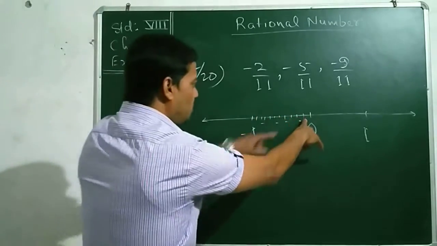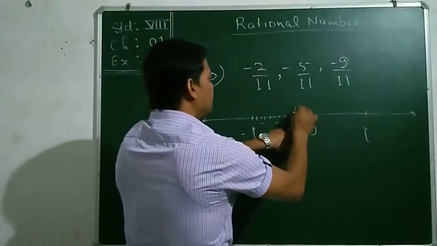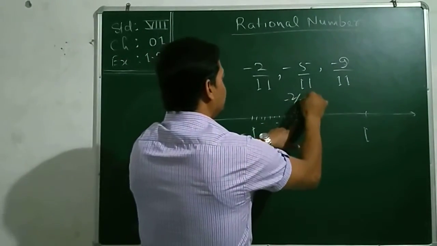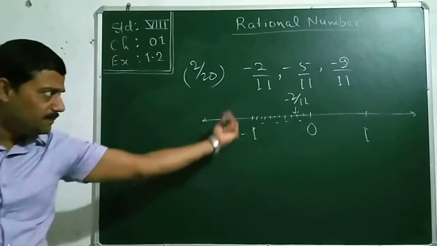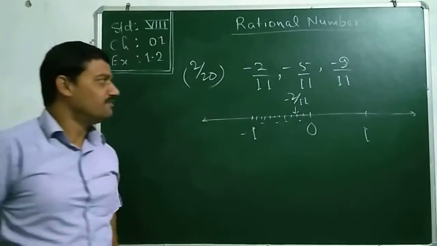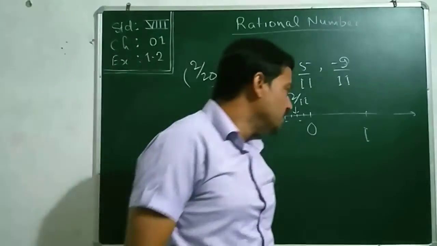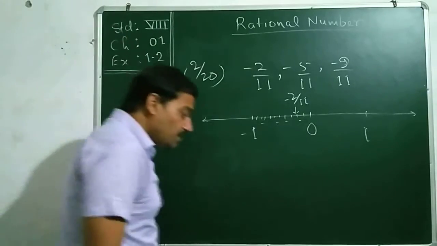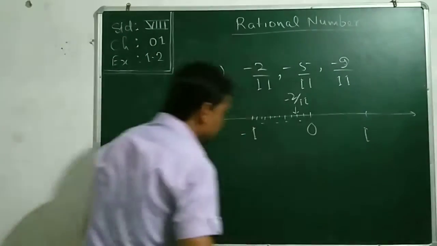This will be minus 1 by 11, this will be minus 2 by 11, minus 5 by 11 and minus 9 by 11. Very easily you can find out. Do that.